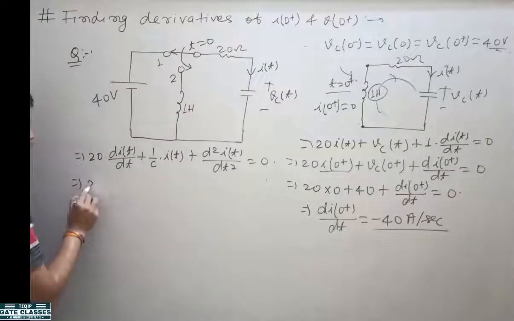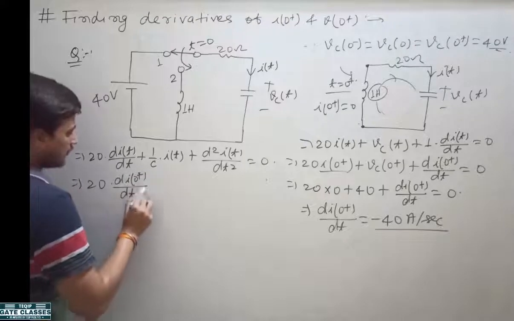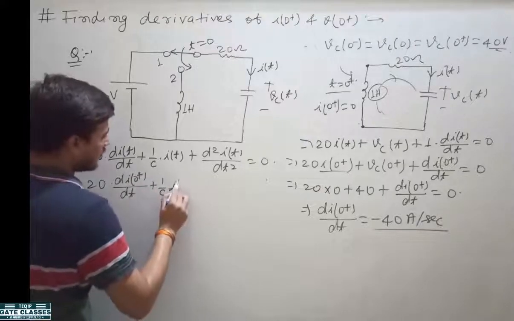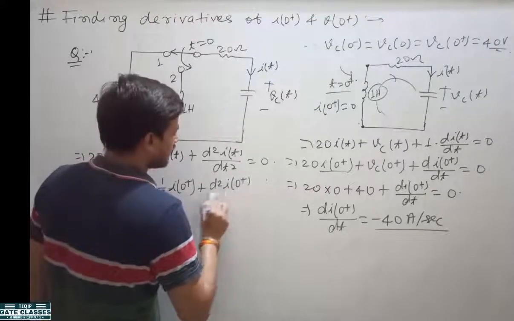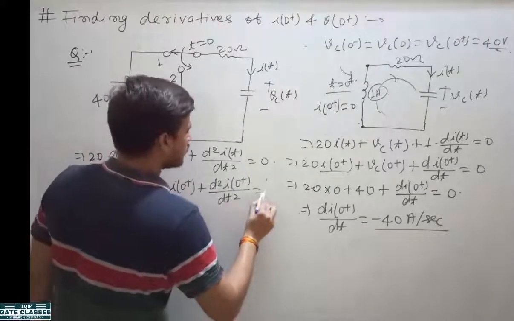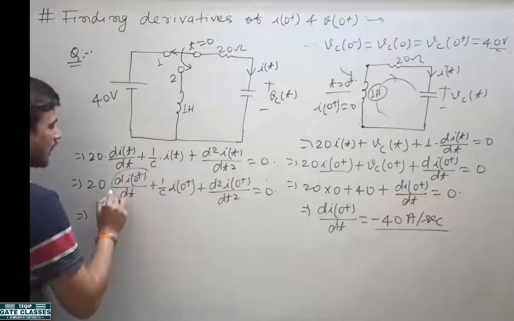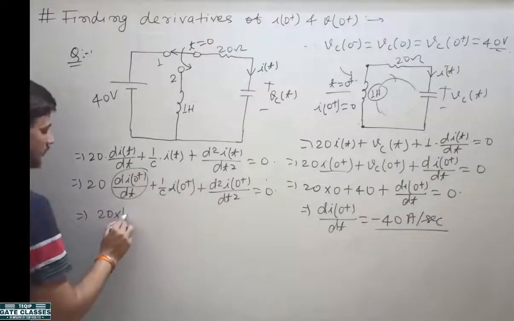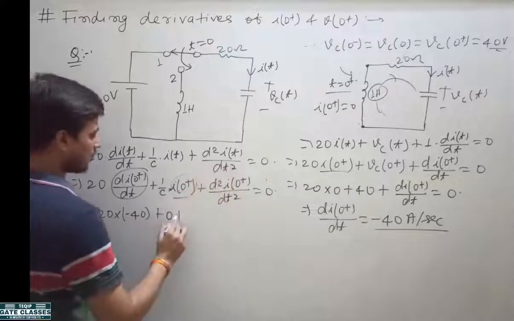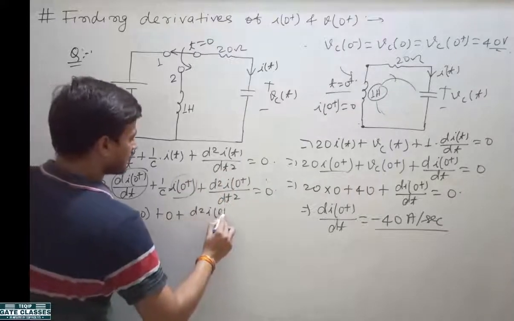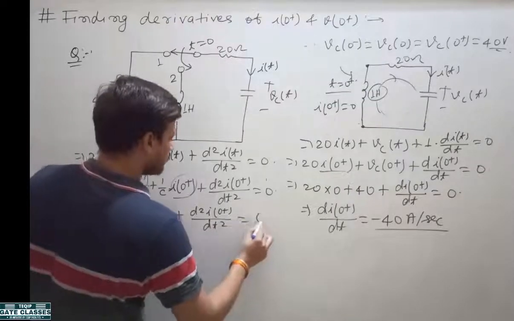So put t equal to 0 plus: R into di(0+)/dt plus 1 upon C into i(0+) plus d²i(0+)/dt² will be equal to 0. So from here we will write 20 into di(0+)/dt, which is minus 40, plus i(0+), whose value is 0, plus d²i(0+)/dt² will be equal to 0.